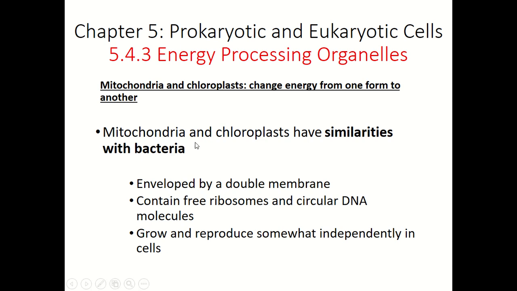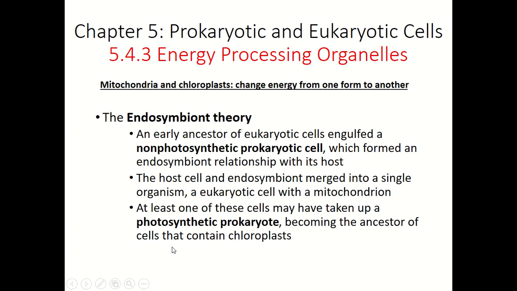So mitochondria and chloroplast have similarity with bacteria. Why? Because these two organelles are enveloped or wrapped by a double membrane. They contain free ribosomes and circular DNA molecules, and they can grow and reproduce independently inside the cell.